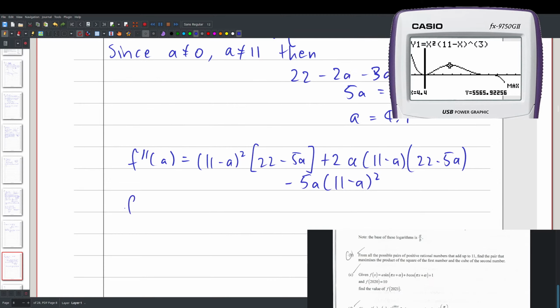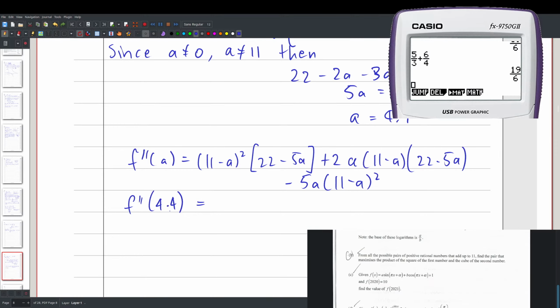And the double derivative at 4.4 is, I don't remember. At 4.4, it is x(11 minus x)^2 times (22 minus 5x) plus 2x(11 minus x)(22 minus 5x) minus 5x(11 minus x)^2, which is negative, 958.32, less than 0.